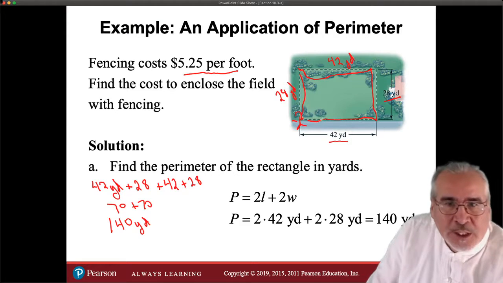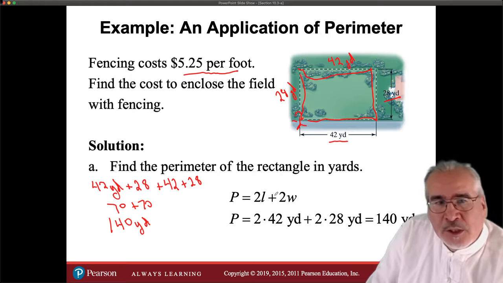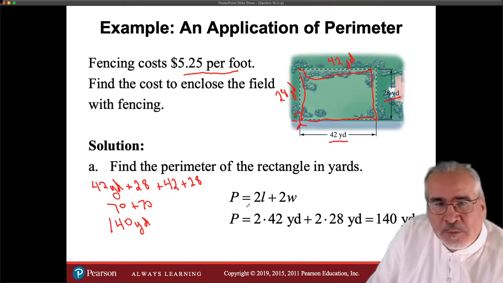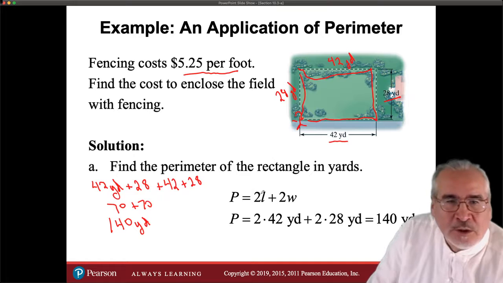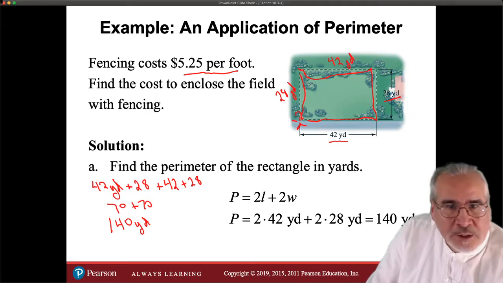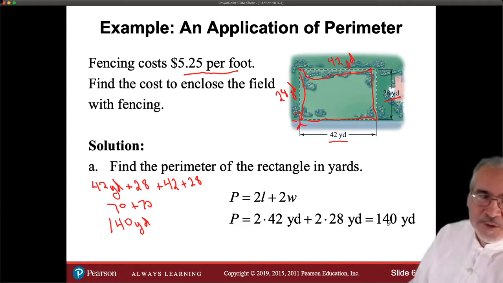It will always work. And the other thing is when we get to area, we need to start using formulas. I've just seen too many times where people memorize all these formulas and they'll use the perimeter formula at the wrong time. They might use it for area, or they'll use the area formula when they want perimeter. But if you just draw your little dude, walk him around the fence, you'll always get it right. Okay, 140 yards.